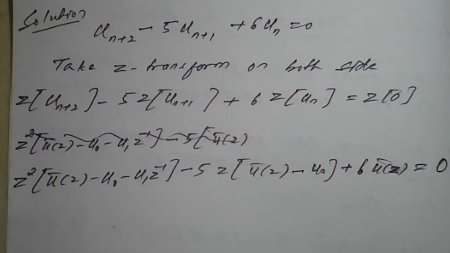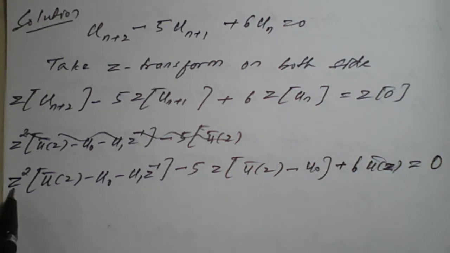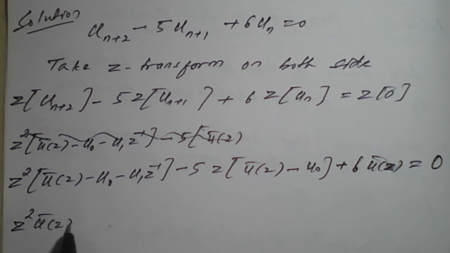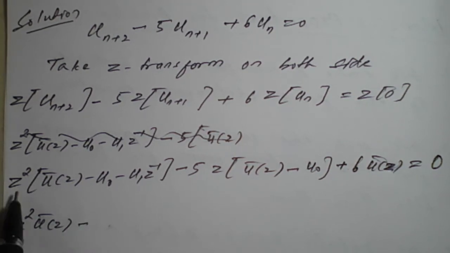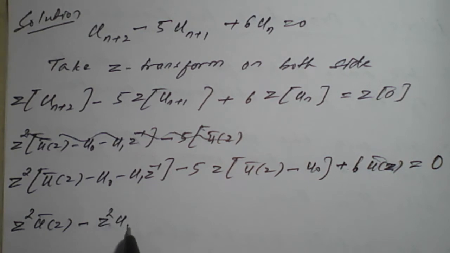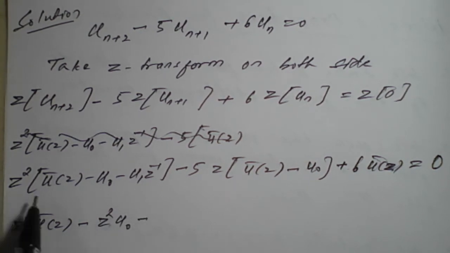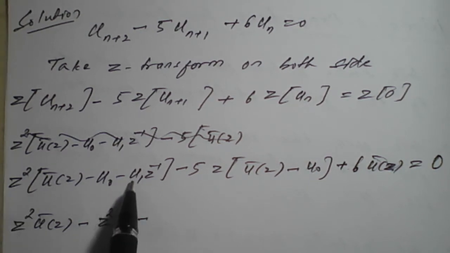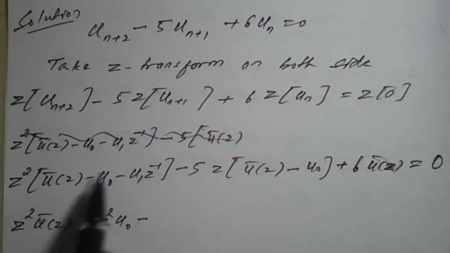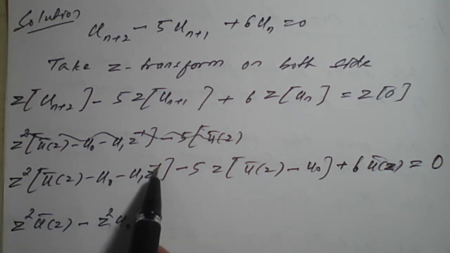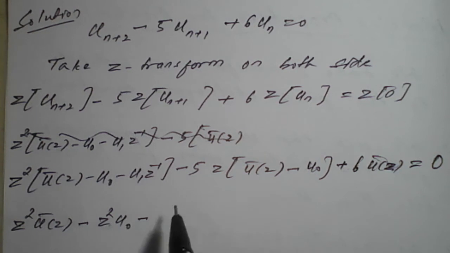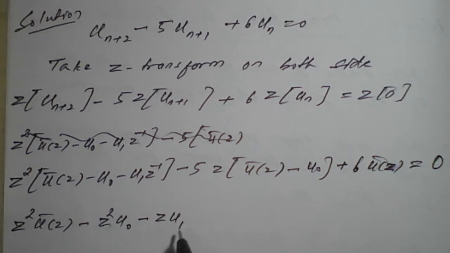Now we'll rearrange, we'll open the bracket. Z square into u dash of Z, plus into minus is minus, Z square into u naught, plus into minus is minus, Z square into u1 into Z raised to minus 1.